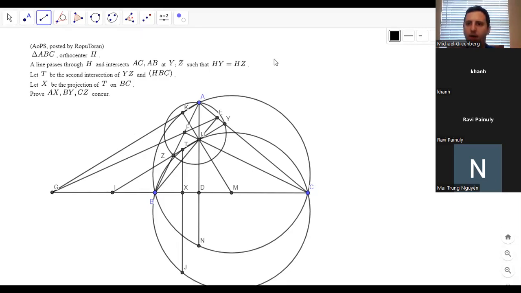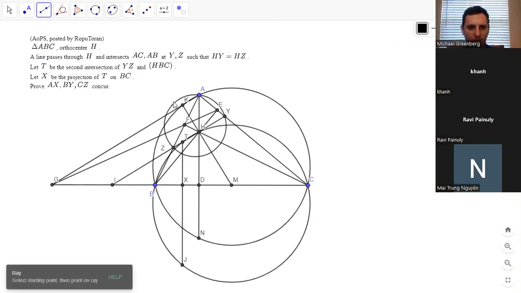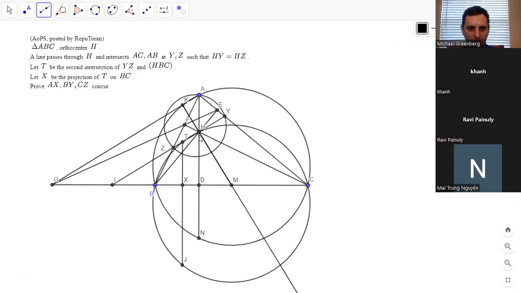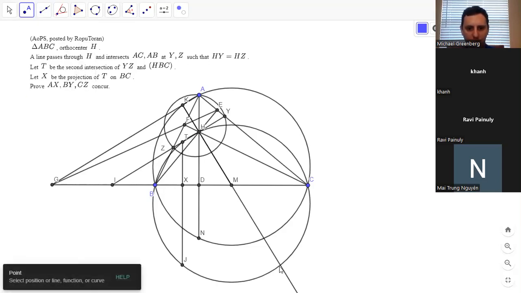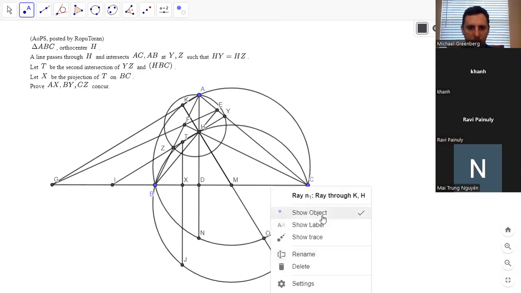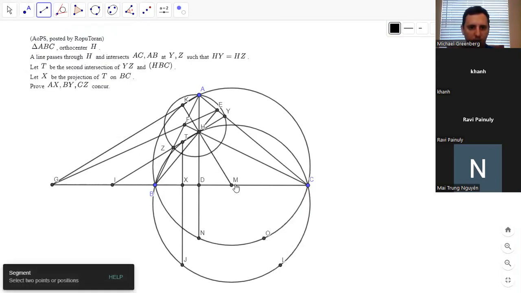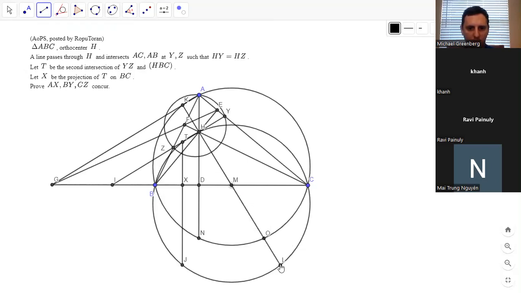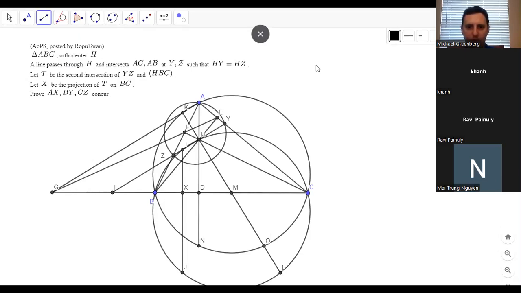So JL is parallel to BC, since THXM is cyclic. So HJ is a symmedian.